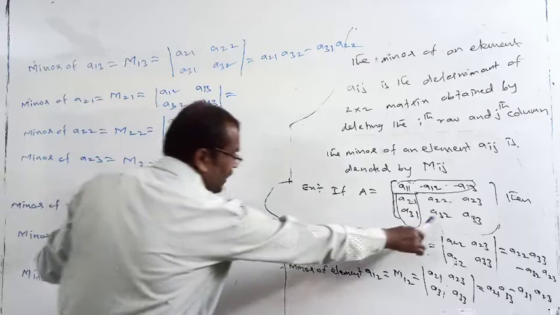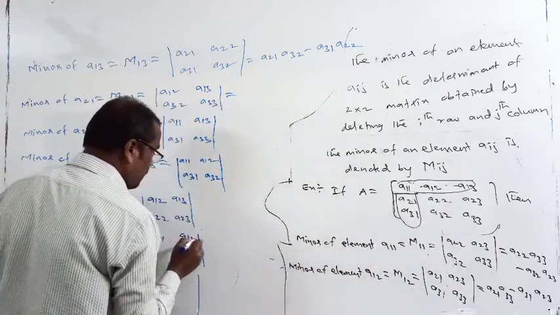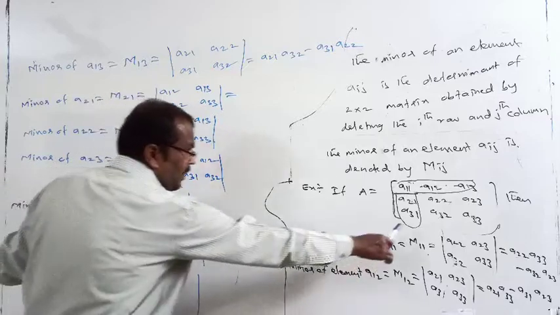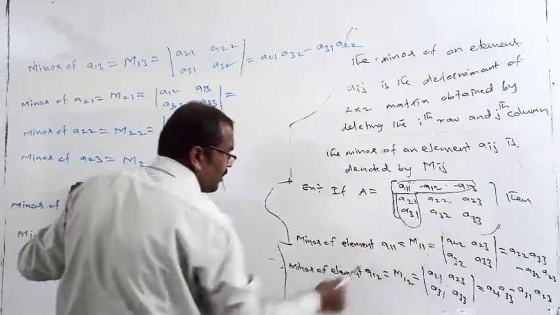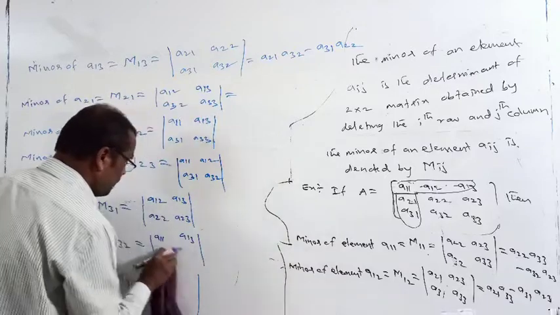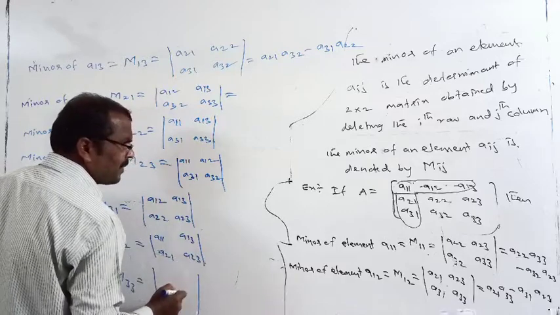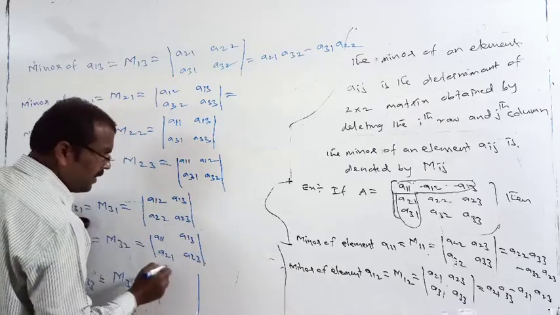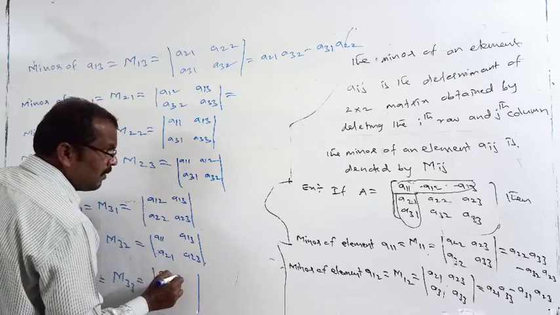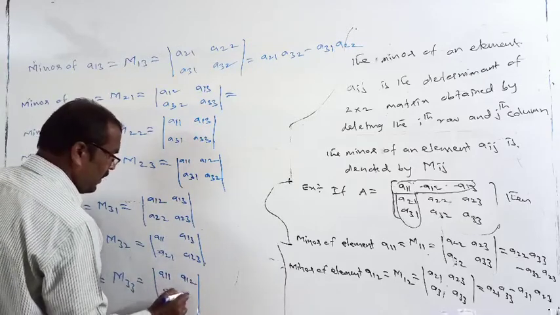Next, the middle element A11. For this element we are writing, delete this row and column: A13. Here we have notation A21, A23. No? Next, last one is A11, A12, A21, A22.